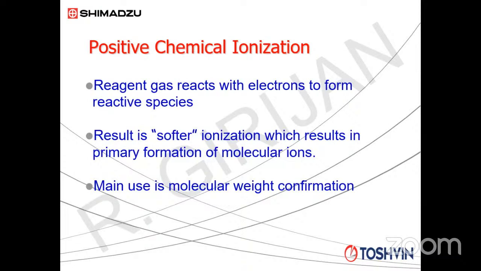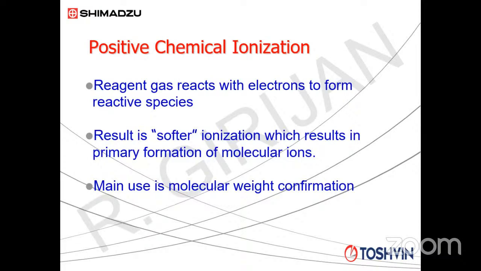Out of these, two reactive ions are produced in maximum population, CH5 plus and C2H5 plus. More than 85 to 90% population of CH5 plus and C2H5 plus will be produced.